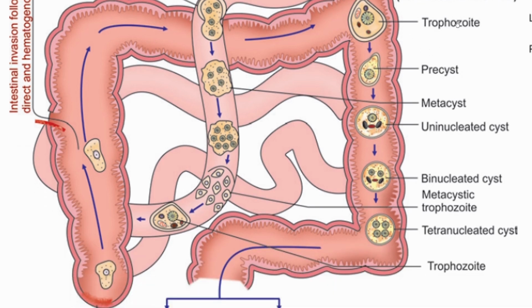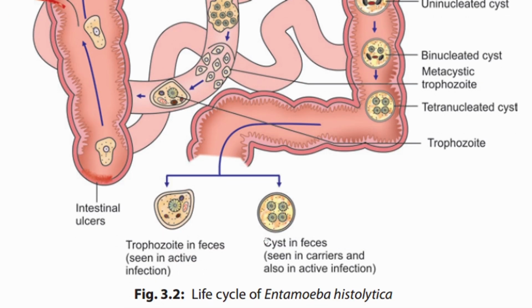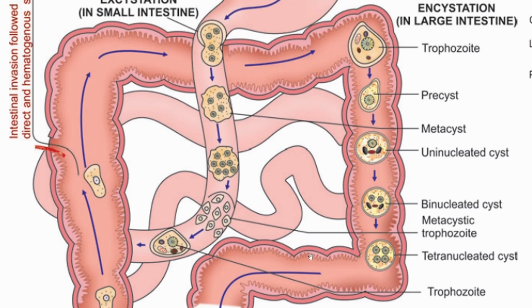Okay, so trophozoite is converting into precyst, then metacyst, which has the uninucleate, then the binucleate, and then the tetranucleate, and then this comes out. Okay, this is also the diagnostic form. Diagnostic form is both. Trophozoite also can be found, cyst also can be found. Okay, so trophozoite is seen when there is an active infection, and cyst in feces is found when it is in the carrier state.